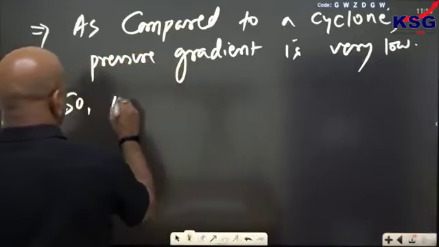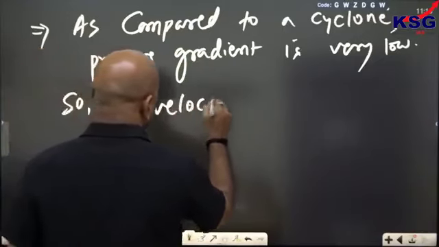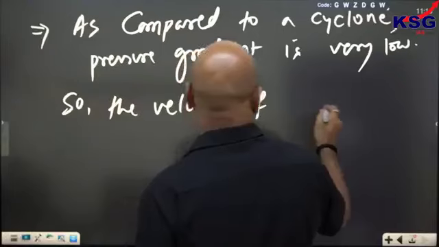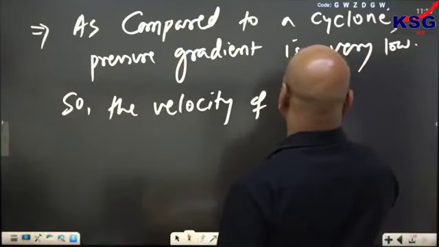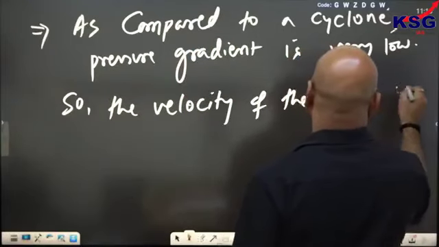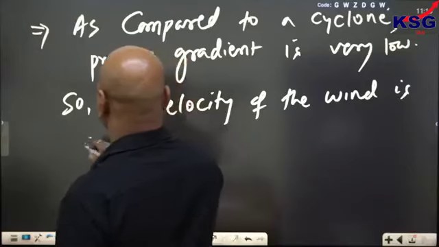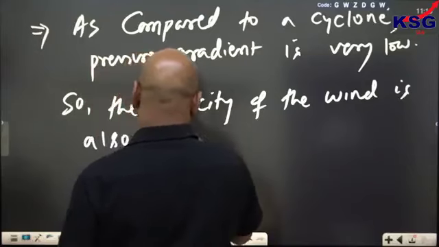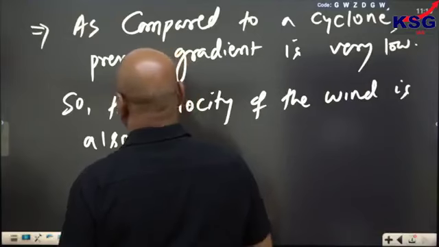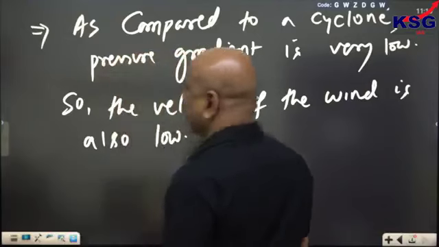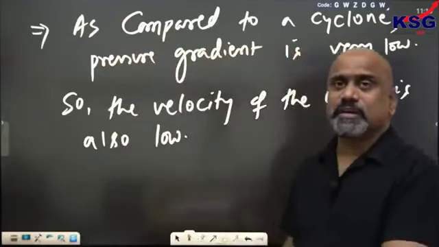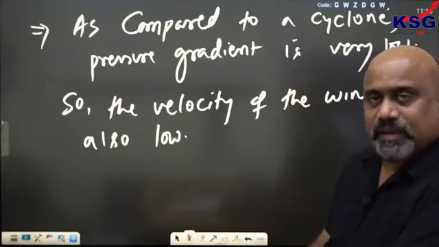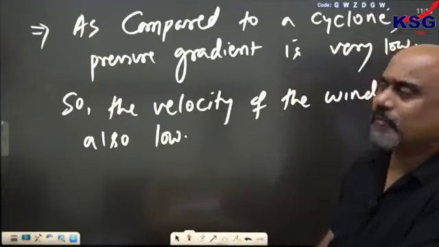So the velocity of the wind is also low in this case because the gradient is less, and no rainfall will be there.